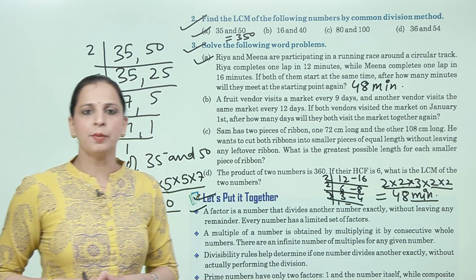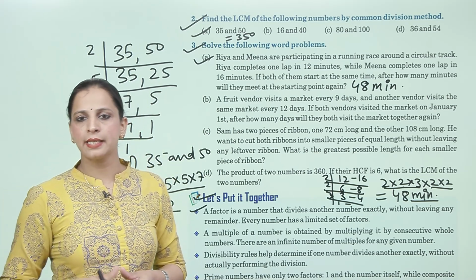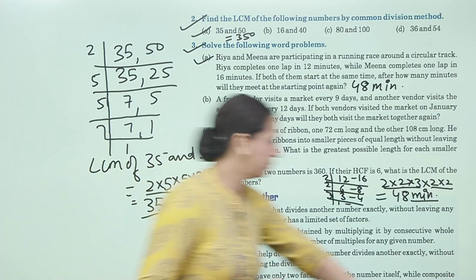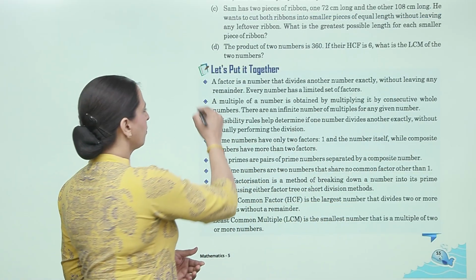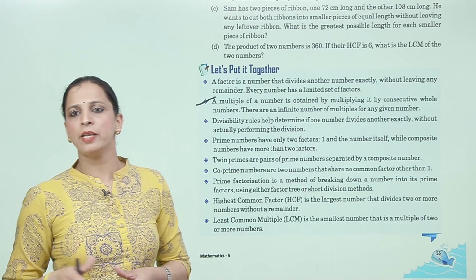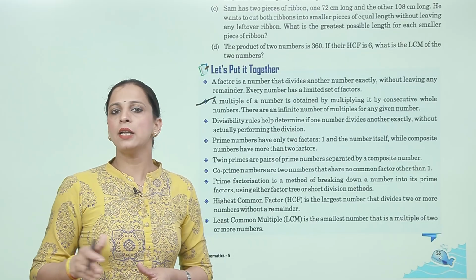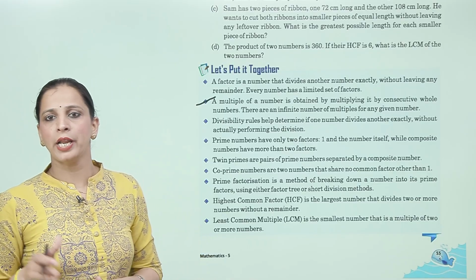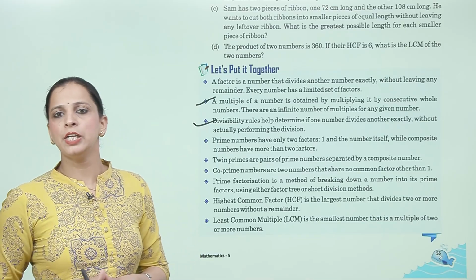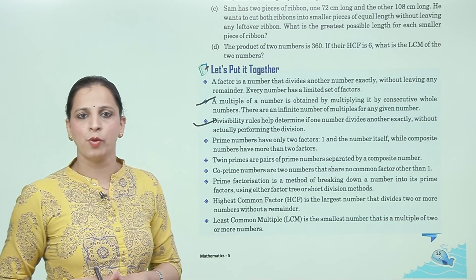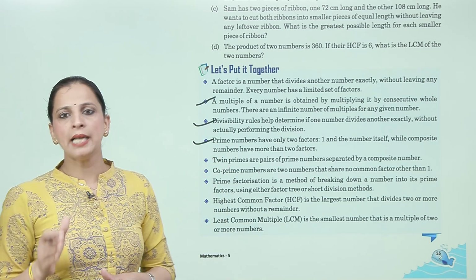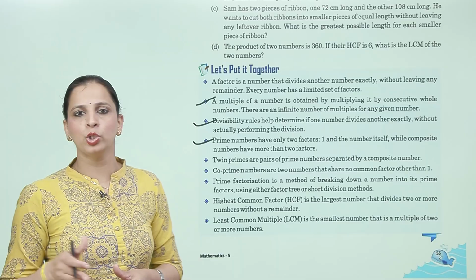First, a factor is a number that divides another number exactly without leaving any remainder. Every number has a limited set of factors. Next, a multiple of a number is obtained by multiplying it by consecutive whole numbers. There are an infinite number of multiples for any given number. Next, divisibility rules help determine if one number divides another exactly without actually performing the division. Next, prime numbers have only two factors, 1 and the number itself, while composite numbers have more than 2 factors.